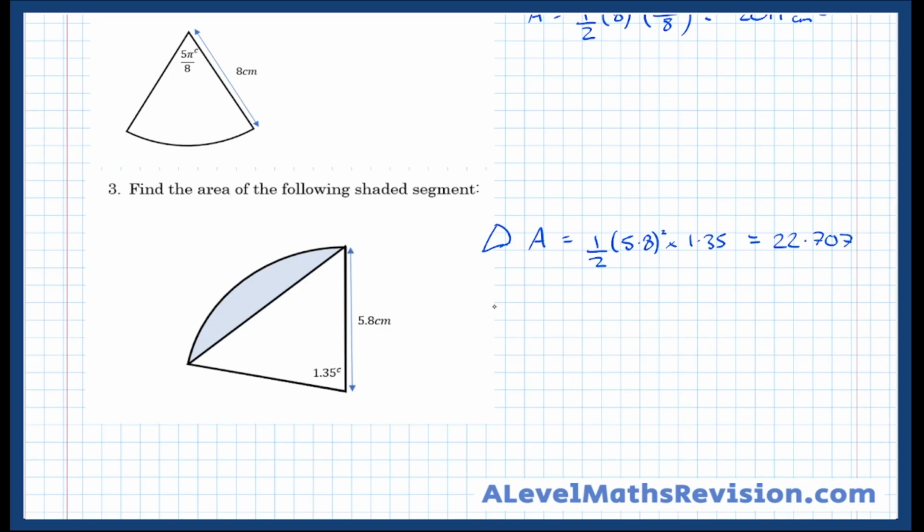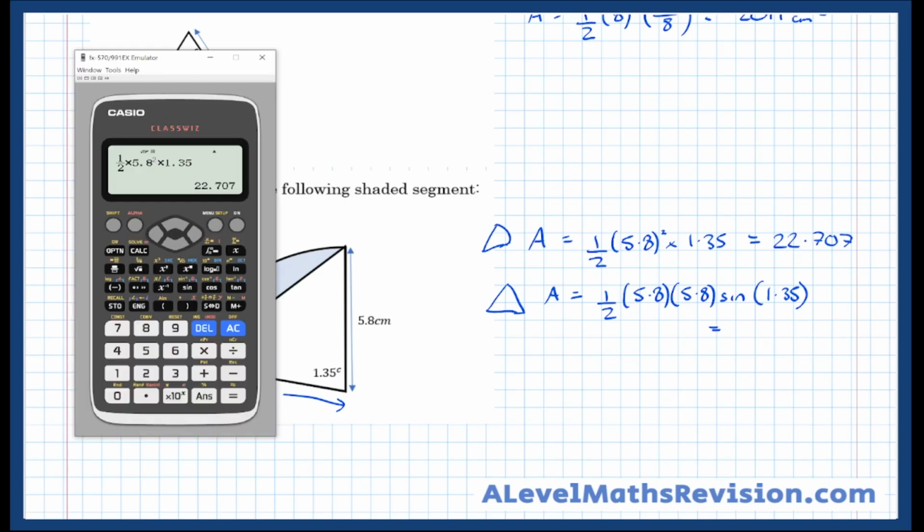And now the area of the triangle, and we're going to use a half AB sine C. So the area of the triangle is a half AB. So B is the other side of this triangle, by the way, which also happens to be the radius. It wasn't marked, but we can assume it's the radius because it's a circle sector. Sine of 1.35 equals, and we must put our calculator in radians mode now to get the correct answer.